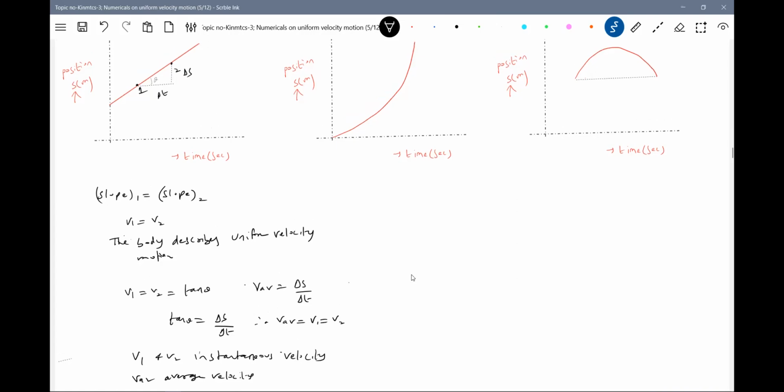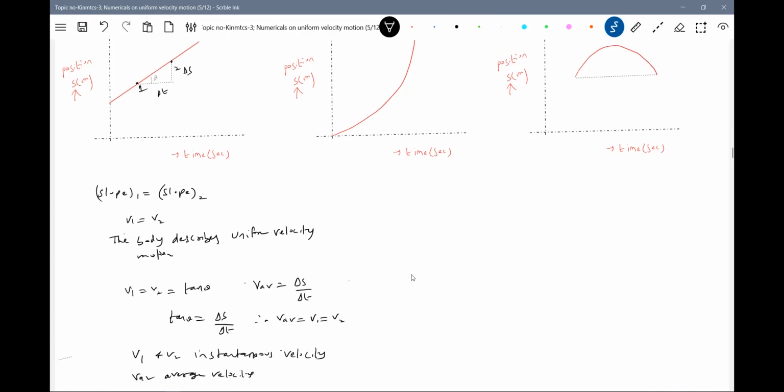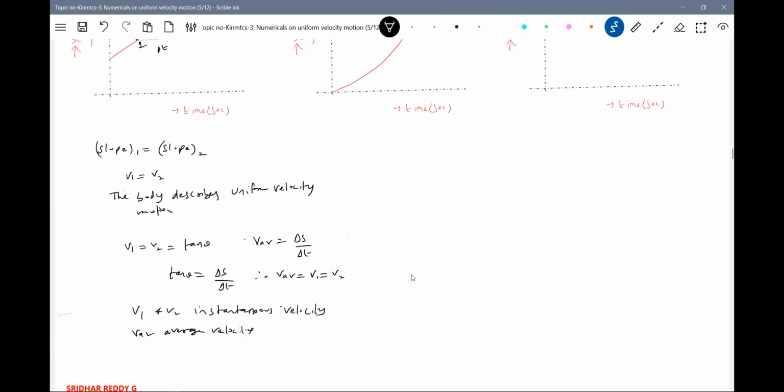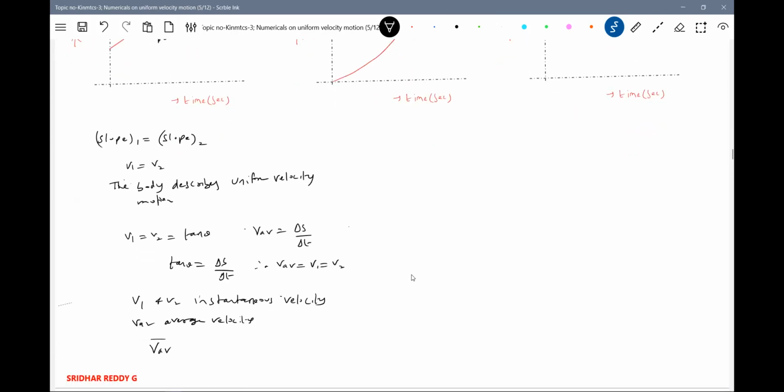So in uniform velocity motion, average velocity should be equal to instantaneous velocity, as long as the particle doesn't change its direction. In this particular case, what is the conclusion I can make? V average bar is equal to V instantaneous bar. This is a conclusion.